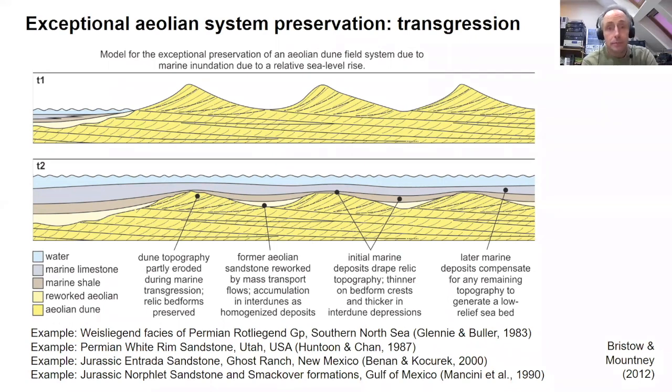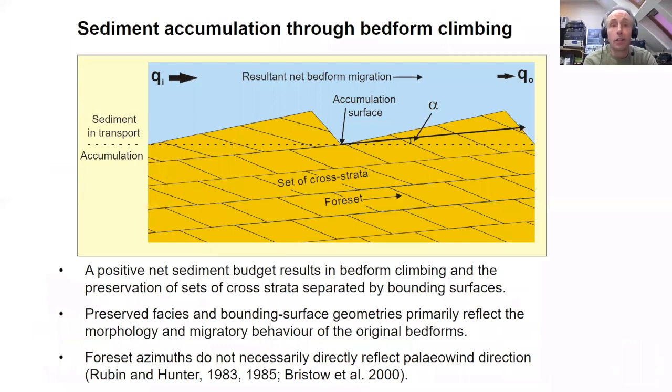But many Aeolian successions seem to have accumulated through what we call bed form climbing, where we've got an excess of sediment delivery. In this diagram, we have some climbing sets of cross-bedding. The dunes are migrating from left to right. And in terms of sediment flux, we're bringing in rather more sediment at the upwind end, or upstream end, than we're taking out at the downstream end.